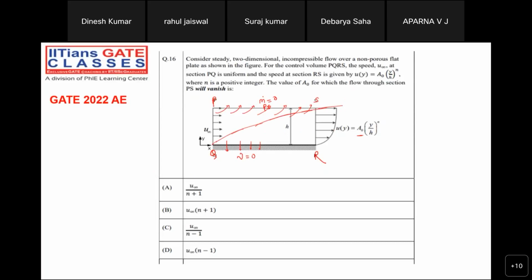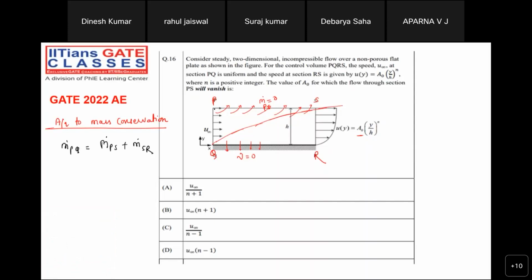Now, according to mass conservation, what can you write? Mass flow rate through section PQ must be equal to mass flow rate through section PS plus mass flow rate through section SR. Can we write like that?